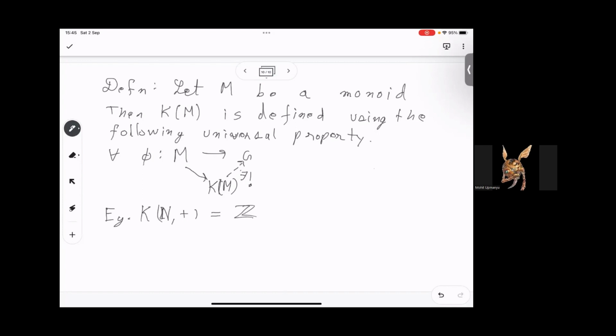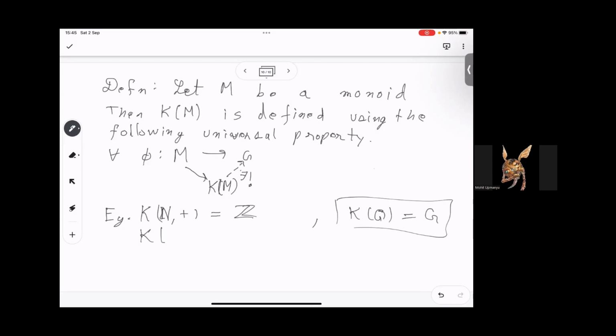So what we really want is a group which extends the addition of natural numbers, but also has inverses, that is negative numbers. So that's basically the integers itself. The K group of a group G is just G itself. Something trivial, right?